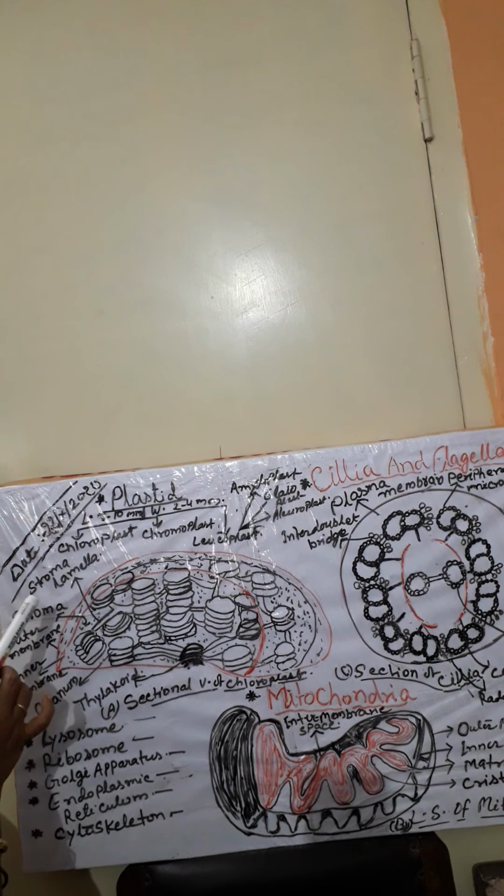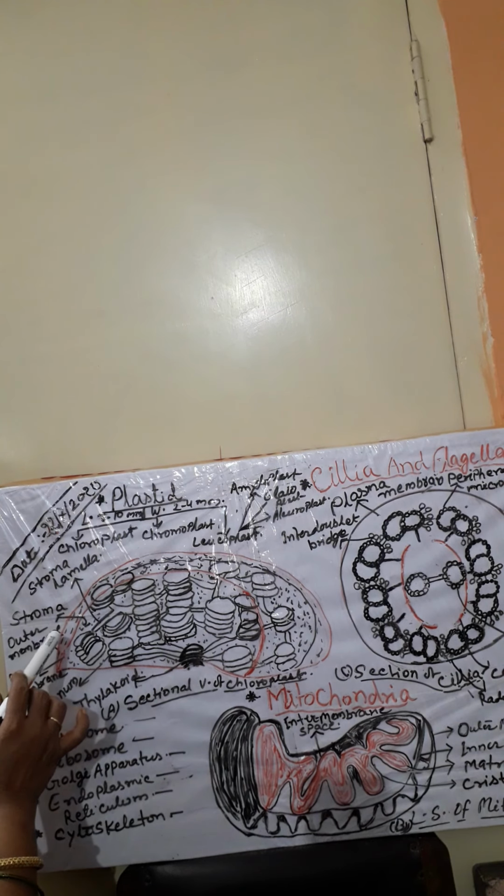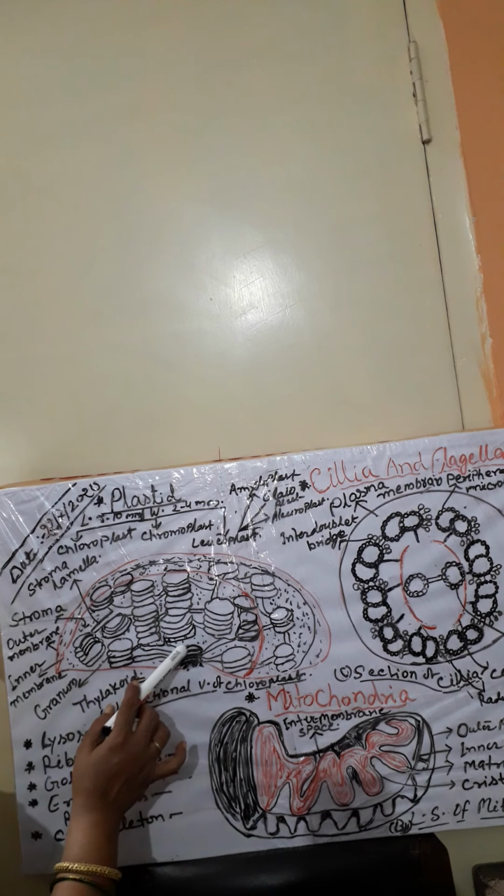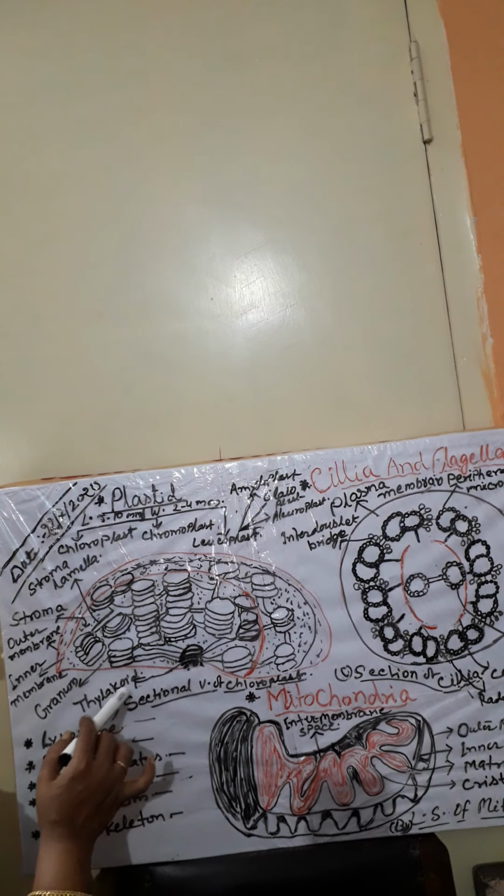A number of organized flattened membranous sacs called thylakoids, that is the sac-like structures, are present in the stroma region of the chloroplast.